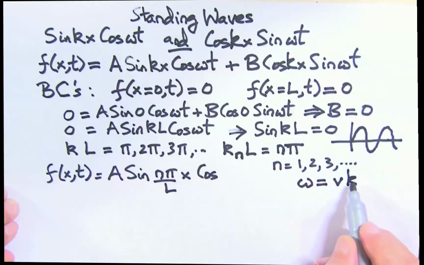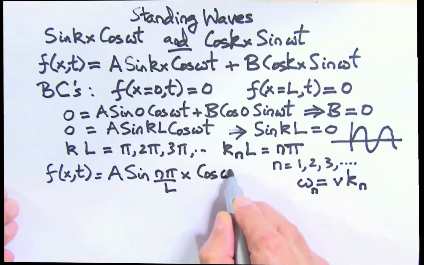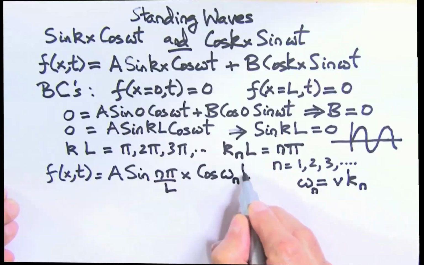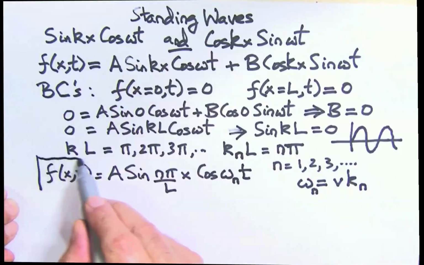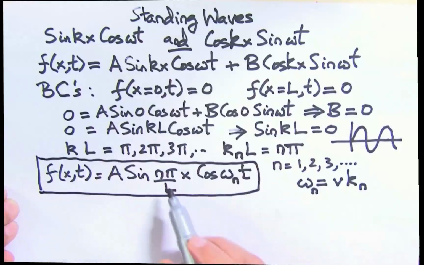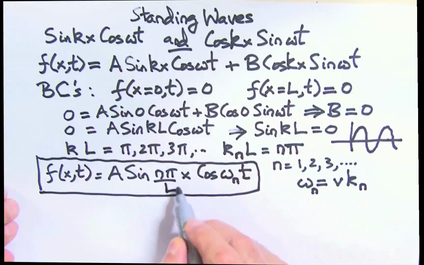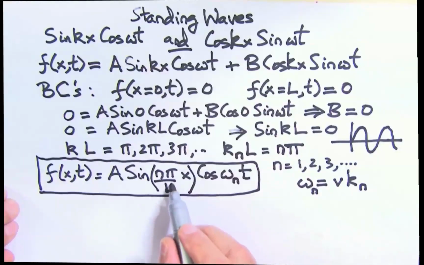And so since only particular values of k are allowed, k1, k2, etc., therefore only particular values of omega are allowed, and so that must be reflected here. So this over here is the standing wave.